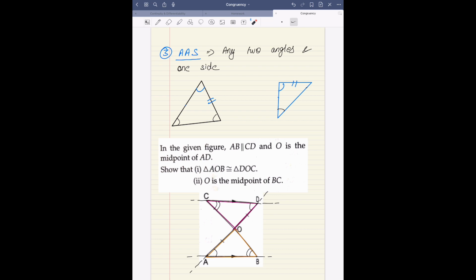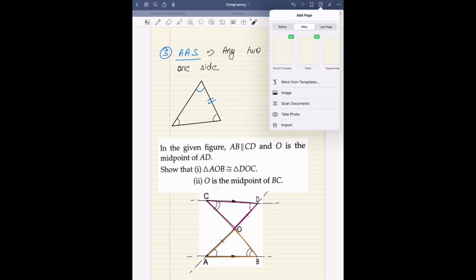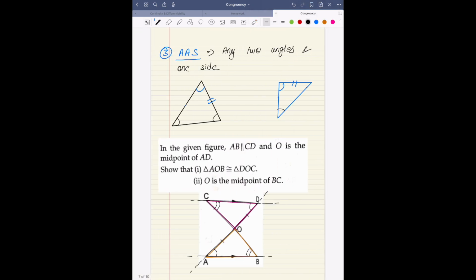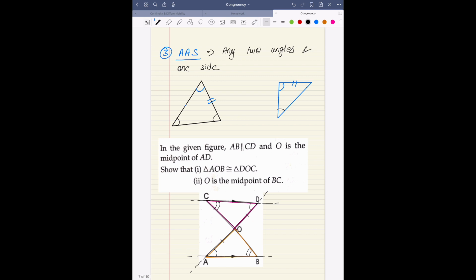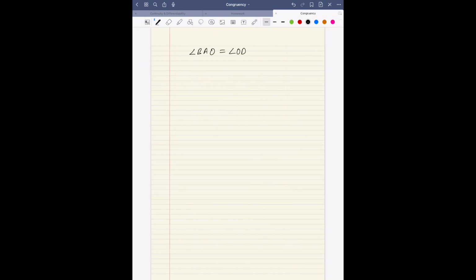Now how will you write it? We'll write it like this. Angle BAO is equals to angle ODC. Why is it equal? Because of interior alternate angles. This is your angle.